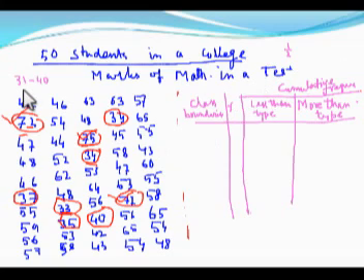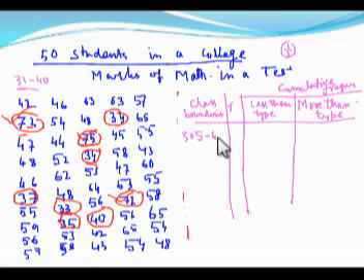We subtract half from the lower class limit and add half to the upper class limit. In this way we take the class boundary.